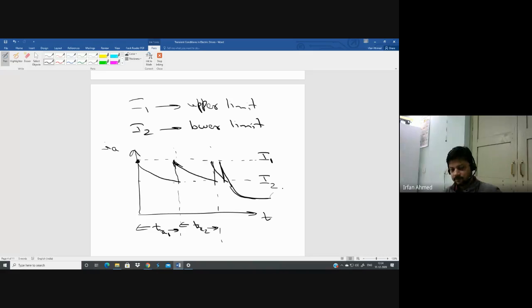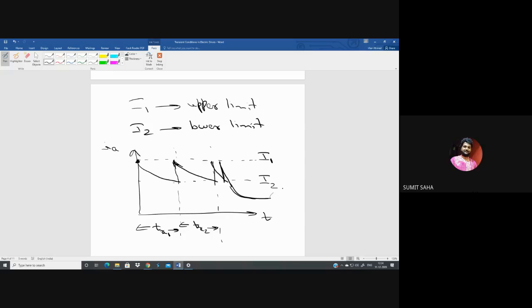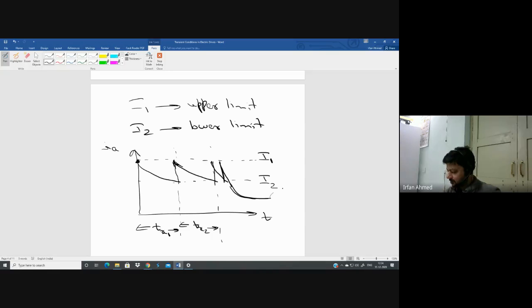Can we find the value of Tx1? So it will be a time constant? No, it is not the time constant.